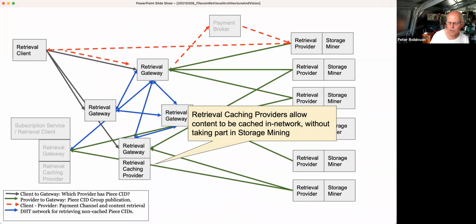So as well, you can imagine that you might want to have a caching retrieval provider. The idea here is that you're not associated with a storage miner. There are payments for discovering the content, and payments for retrieving the content.